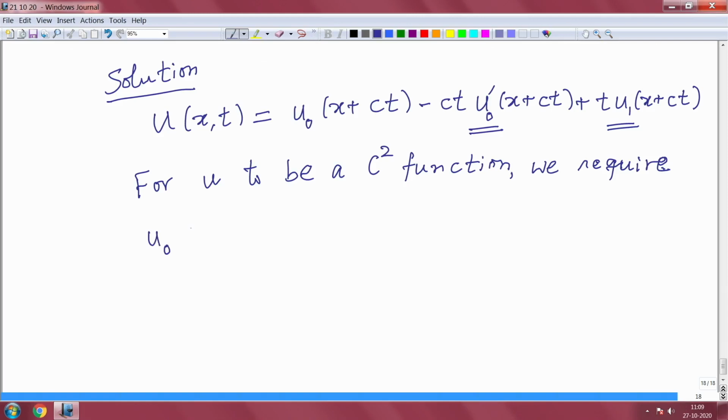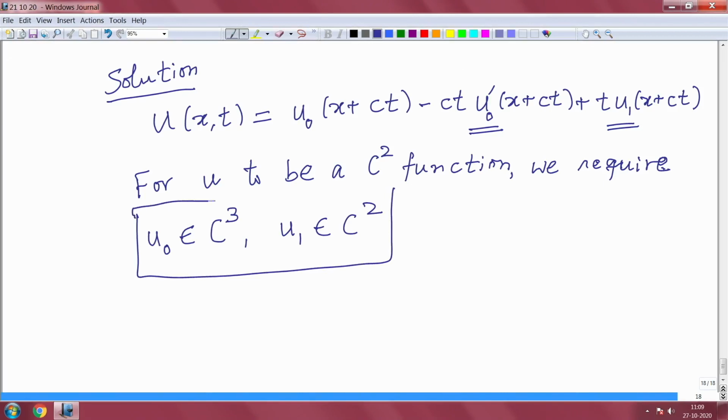We require u0 to be a C3 function, because there is already one derivative in the formula of the solution. If you want u to be C2, this has to be C3, and similarly u1 has to be C2. So we require more smoothness in the initial values to obtain a less smooth solution. See, u0 is C3, but that gives u only a C2 function.